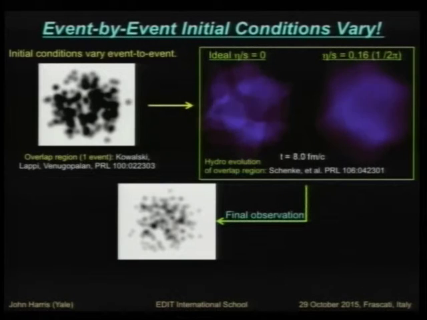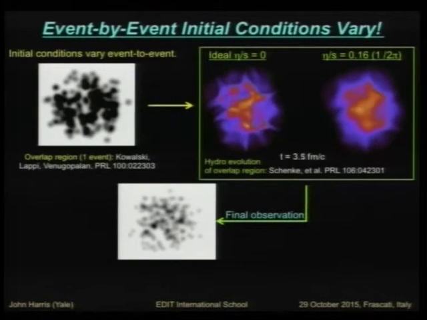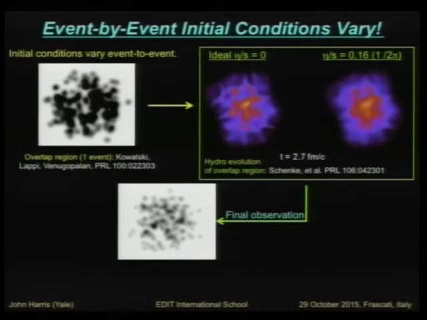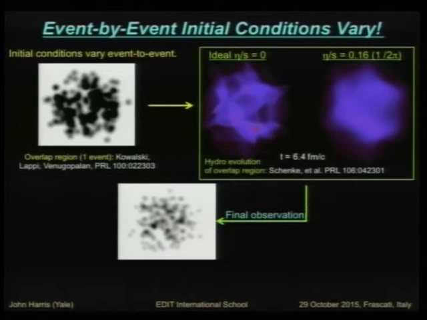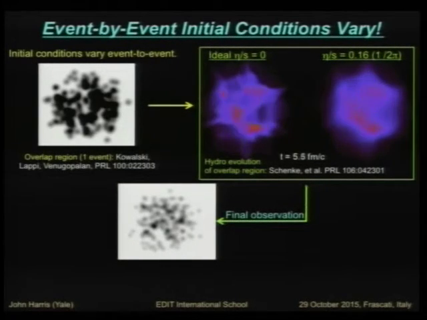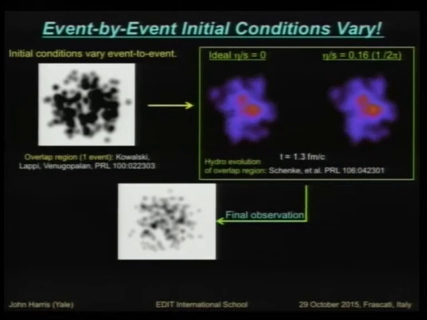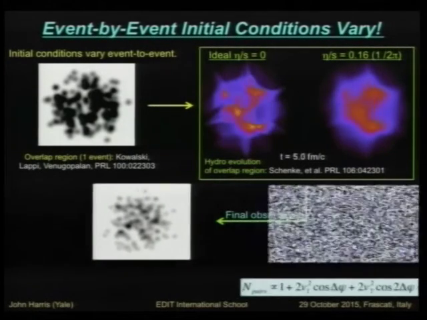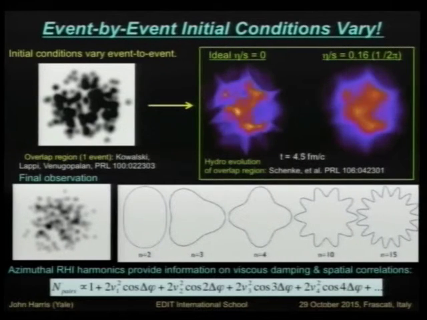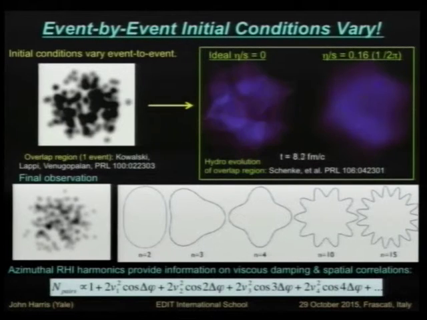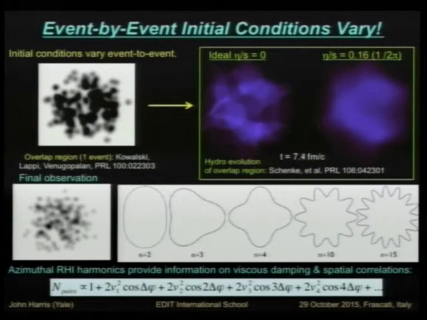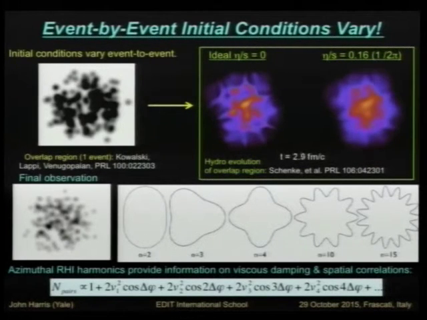We look at the final distributions, and we're trying to determine what's going on and what the shear viscosity to entropy ratio is by looking at many events like this, given whatever input we can get on the overlap in the initial state. So anyway, we can decompose this into harmonics and get the different distributions and then try to see if we get a better handle and number for eta over S.